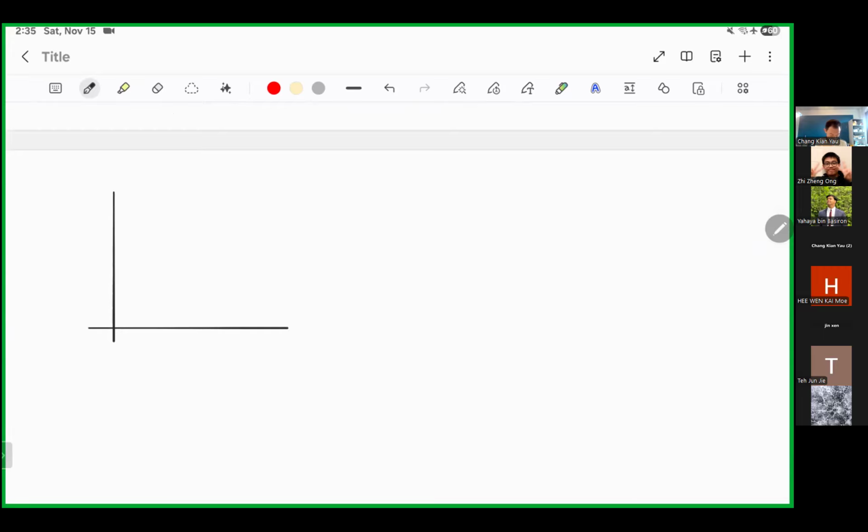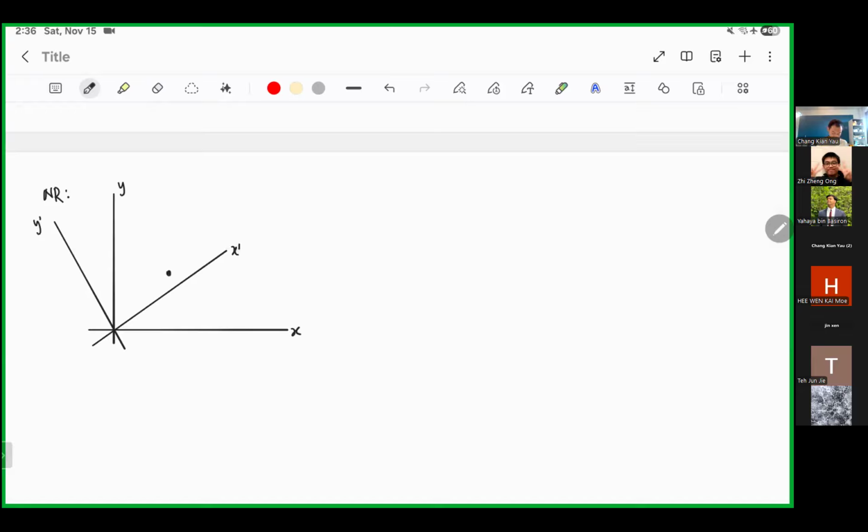Okay, so a way to look at it is, looking back at the non-relativistic case, if you have a point and you rotate it, let's say I have a frame of reference that's rotated compared to the original frame, y prime, x prime. Then you get something like this.